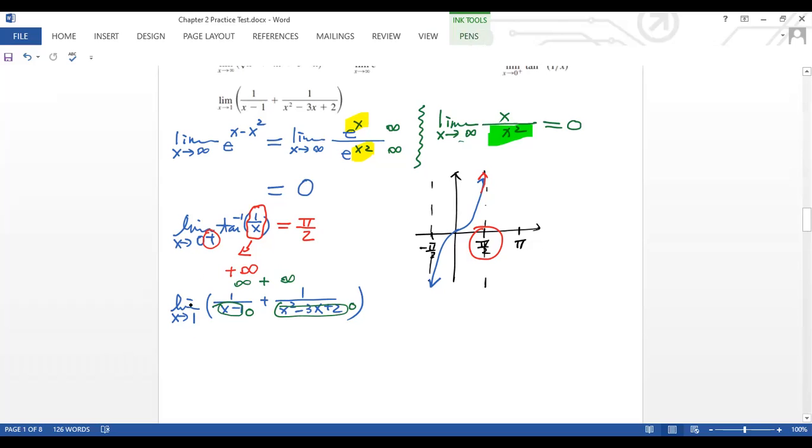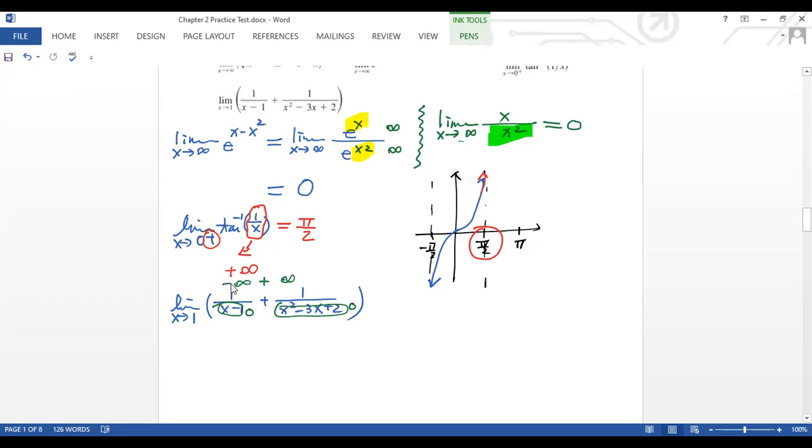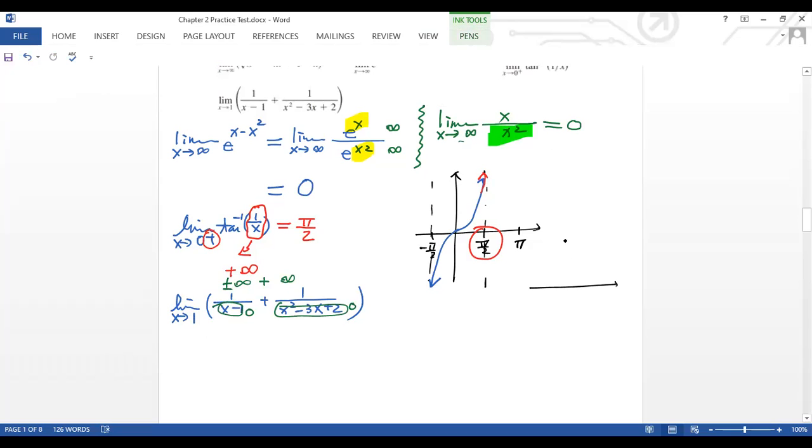For these functions, as x approaches 1, this one can approach positive or negative infinity, because these are what we call reciprocal functions, if you guys remember. So it could be this and it could be this, right?